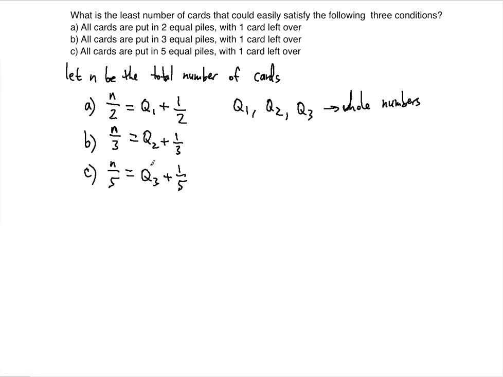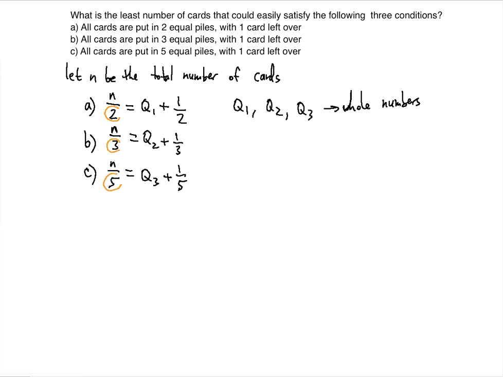So we have to find the smallest possible number n such that we will get a whole number in each case on the left side. Let's think about it. The way to do that is to realize that we have 2, 3, and 5.